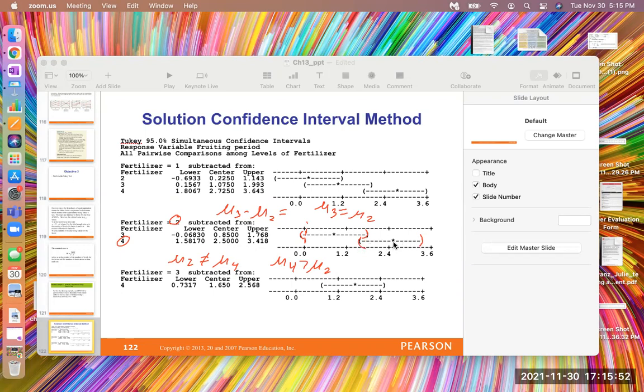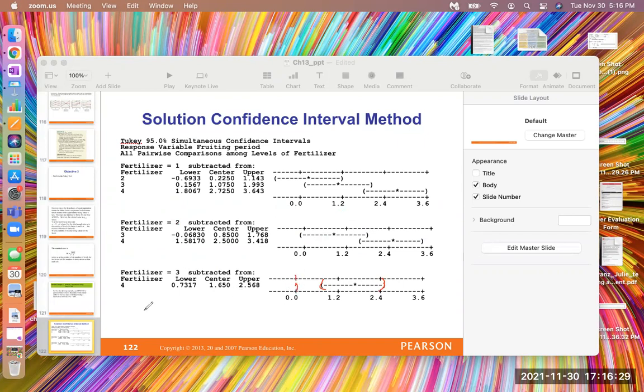We're 95% confident that the difference between those two means is a positive number, which would mean that the one we were subtracting from was the larger one. So then the last comparison that we do here is between mean 3 and mean 4, and it does not contain 0, which is right here.